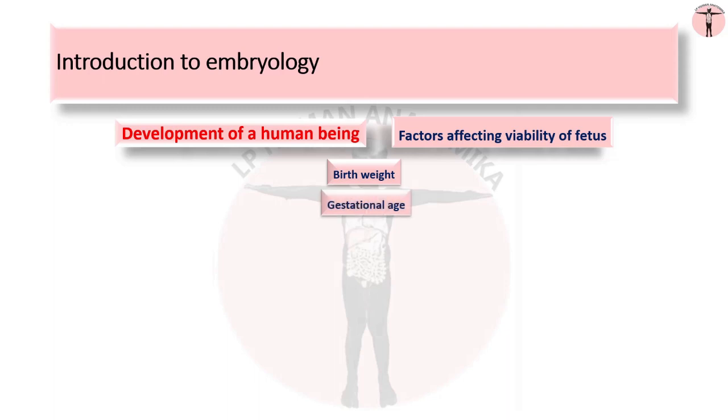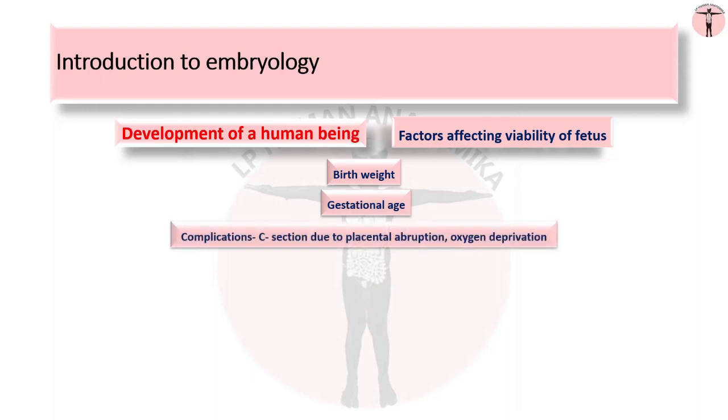Premature or post-mature delivery might lead into complication. Complications. If the early birth resulted from the induction or C-section due to a medical condition such as placental abruption or oxygen deprivation before the delivery, that condition can affect the baby's health and survival.